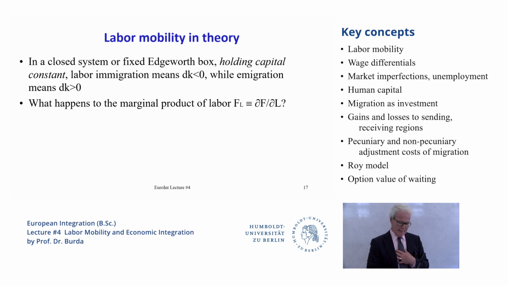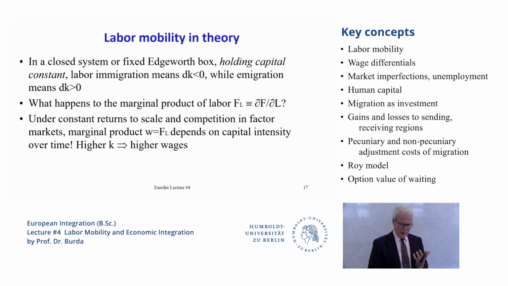That's a good thing. And if you like the mathematics, you can just make the comparison. This is the expression for the firm's optimality condition, and we know that if little k rises, wages are going to rise. The interesting thing about this migration is it has two effects. It presses wages down in the receiving region, but it also raises them in the sending region.